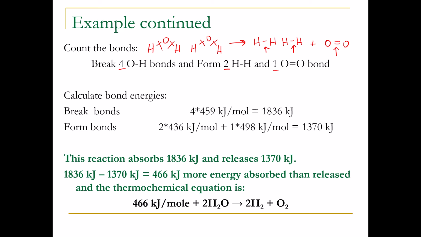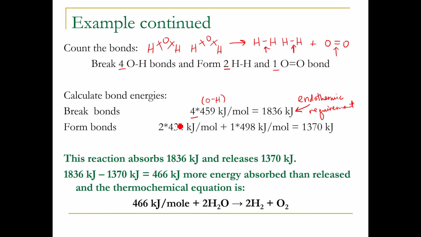Now we're going to calculate all of the energy requirements for breaking the 4 bonds. So 4 times our OH bond dissociation energy. This gives us the energy needed to break, so energy going in. This is our endothermic requirement, the energy we have to put in.